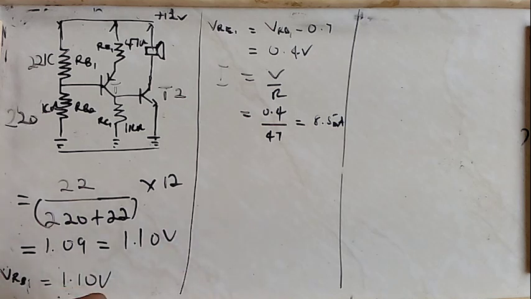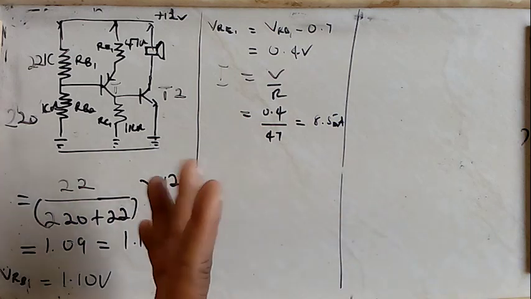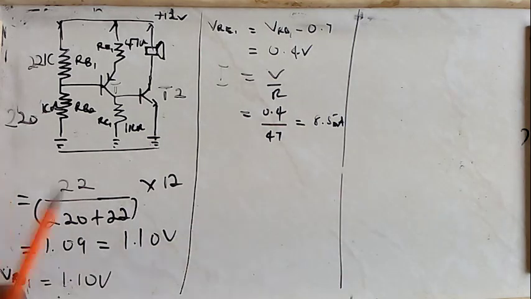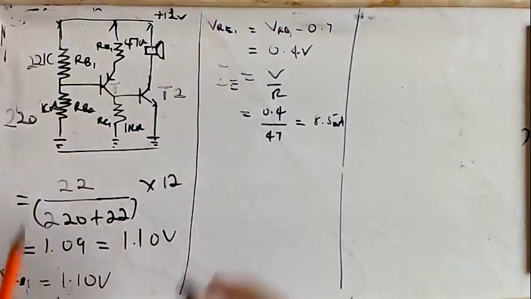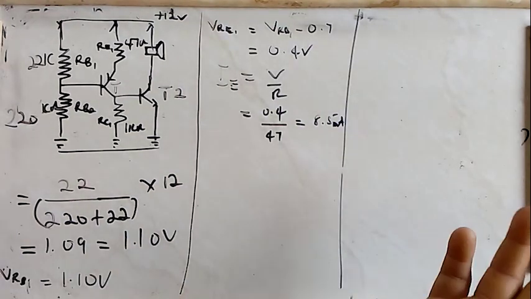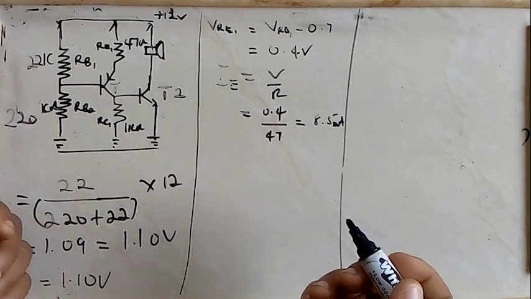Now, what is the collector current? We can take for granted the assumption that our base current is small. So small that it can be ignored. If so, then we can say that the emitter current, which is passed by RE1, is equal to the collector current. But if you seek more accuracy in your calculation, then we can do something like this.